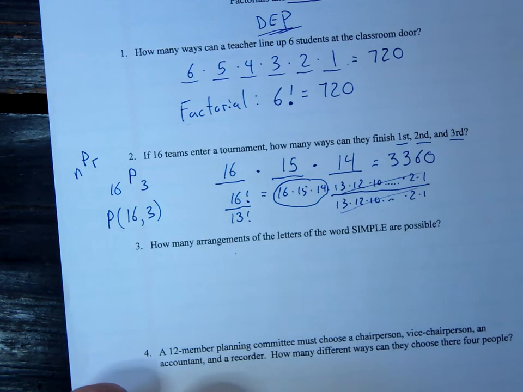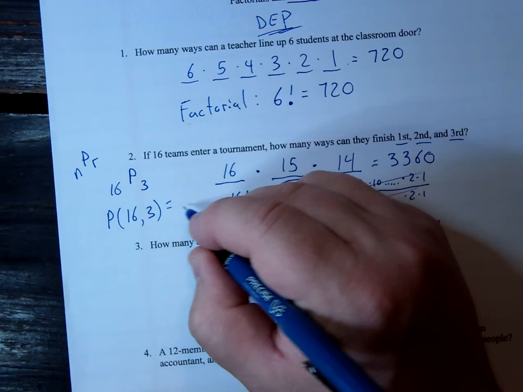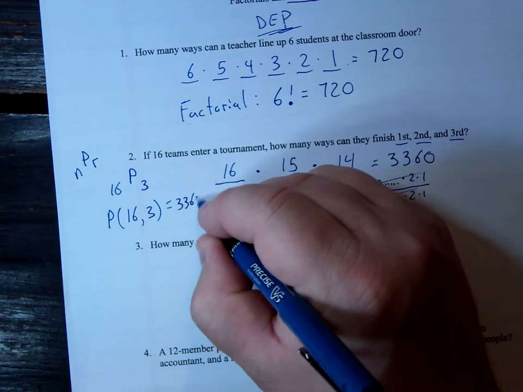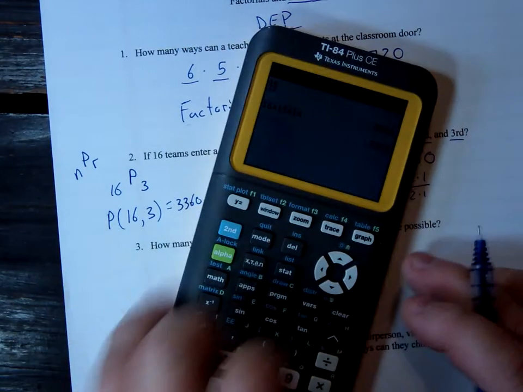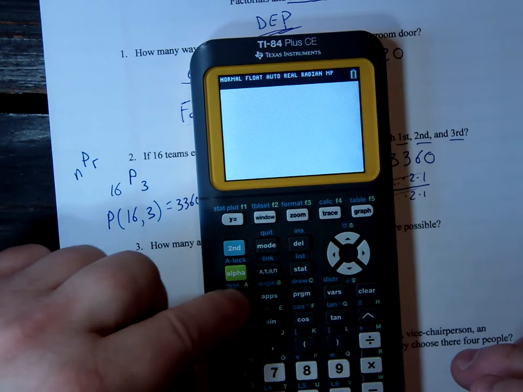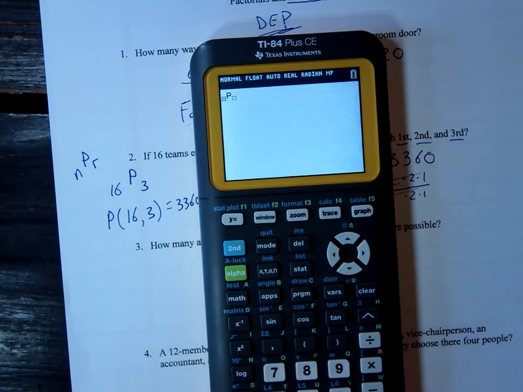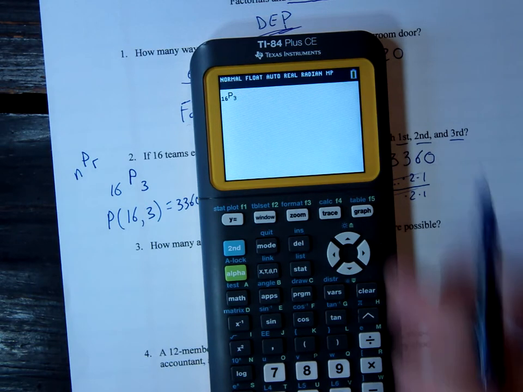That would give you the same number, 3360. If you're using the scientific calculator, when you go over to math and probability, it's the second one. Whether you choose it first, it'll give you the little blank. So 16 and 3.